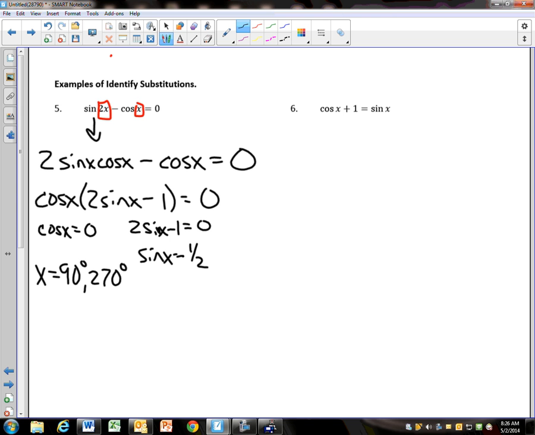Sine of x is equal to 1/2. Where is it positive? First and second. Draw my angles. Sine inverse 1/2. We've done that 3 times a day, I think. 30 degrees, 30 degrees. So x is going to be 30 degrees and 150.